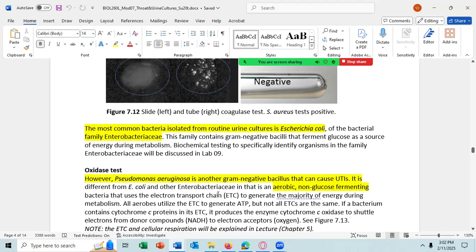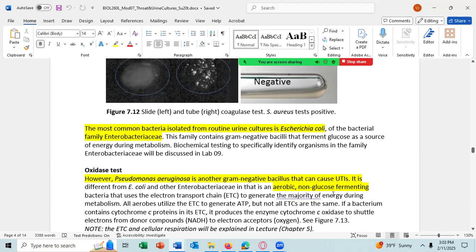The Pseudomonas aeruginosa and all members of the Pseudomonas are aerobic and non-glucose fermenting, and they're oxidase positive, in which case the Enterobacteriaceae are all the reverse of that. They are gram-negative bacillus. They can cause a UTI, but the Enterobacteriaceae are facultative anaerobes. They're not aerobic.